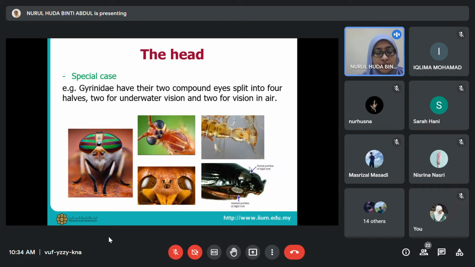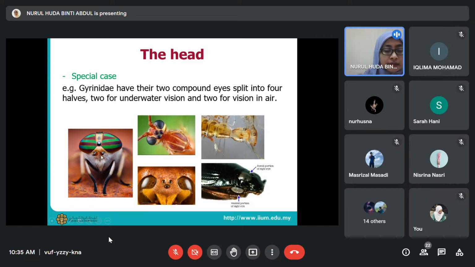Okay, this Gyrinidae is actually an aquatic water beetle that lives on the surface of the water film. So they have vision for underwater and also vision in the air. So two part yang atas boleh nampak in the air, another two kat bawah boleh nampak dalam air.